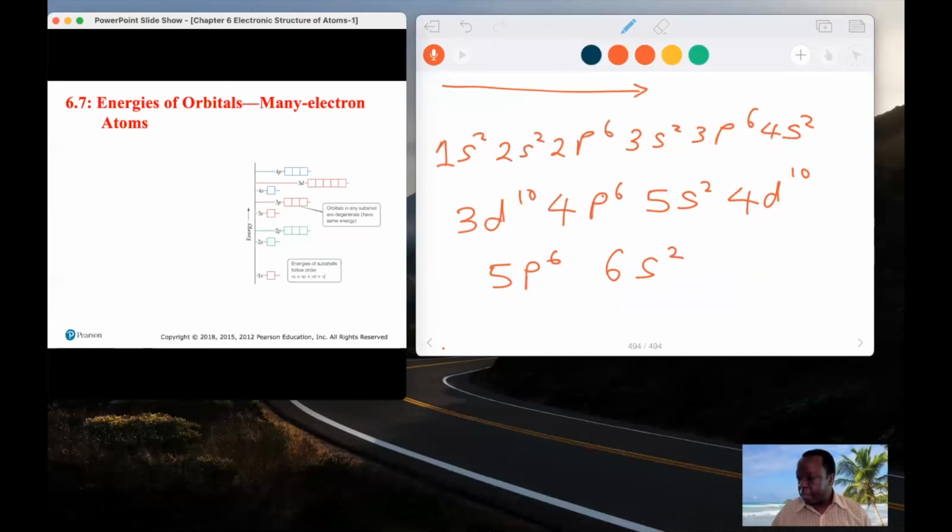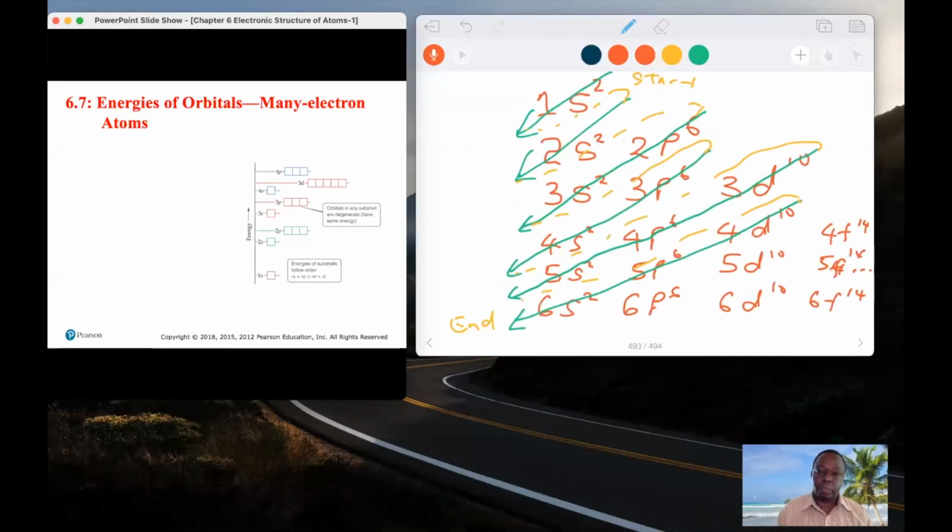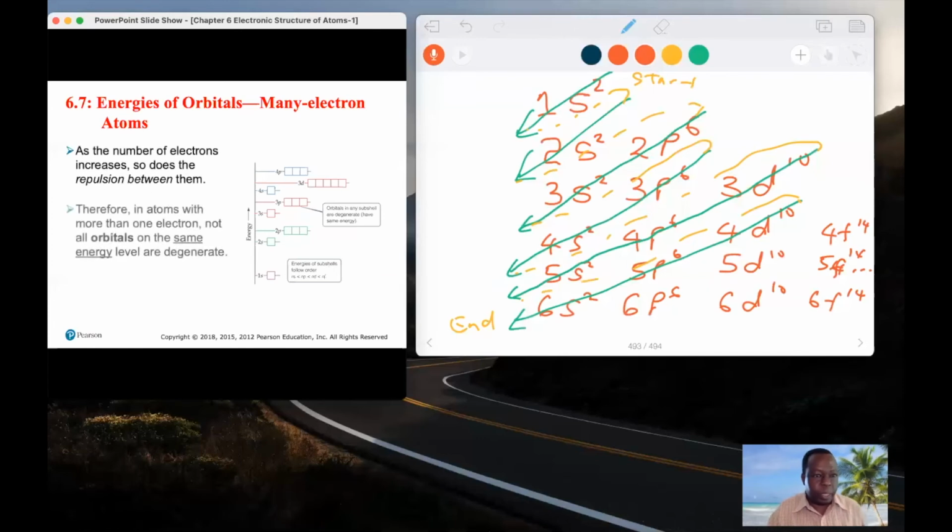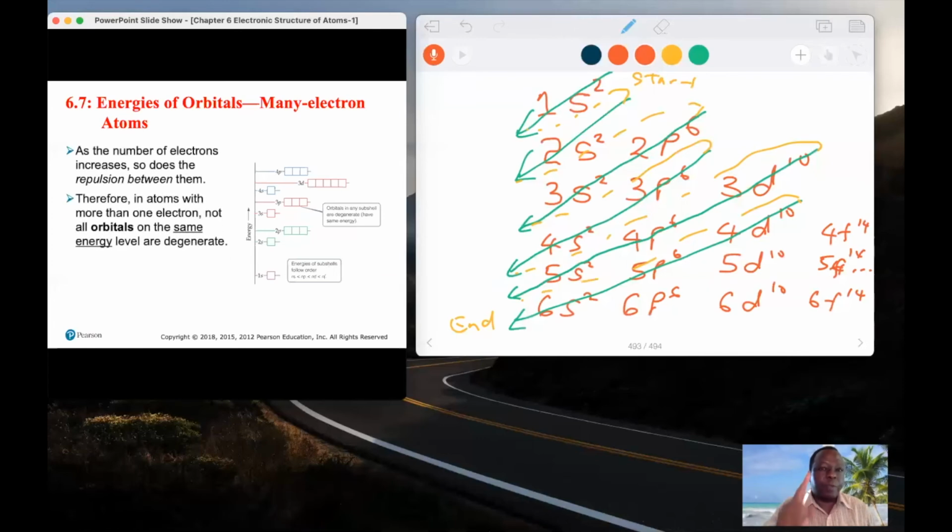And the way I'll make sure is learn how to reproduce this to write electron configuration for multi-electron systems. This is with respect to what? With respect to hydrogen, that was single, but for multi-electron systems such as helium, such as lithium, such as sodium, we can use this pattern to show how the electrons are occupied.